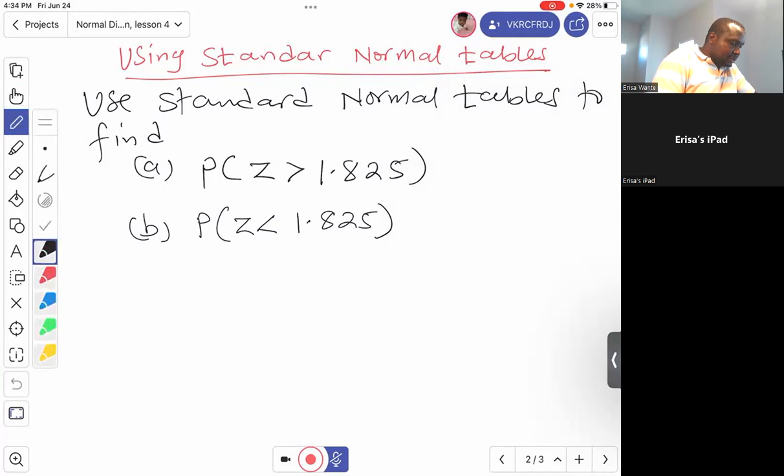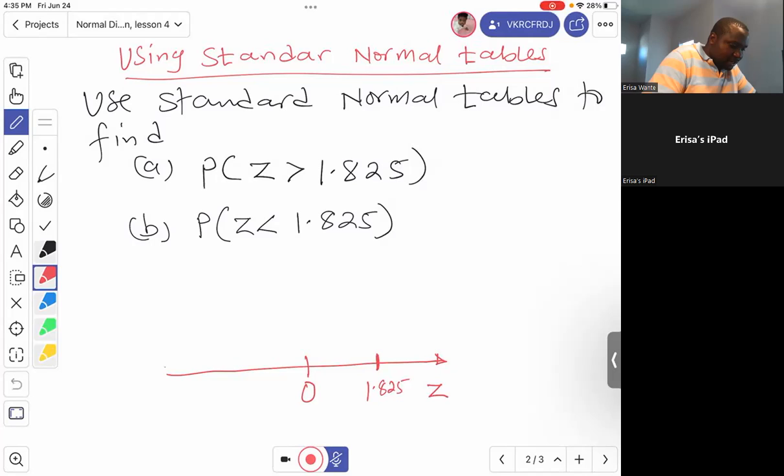I want to have a normal curve, and on this axis I want to have Z values. The normal curve has the mean 0, so on the positive side of 0, let's say 1.825 is right there. Let's draw the normal curve.